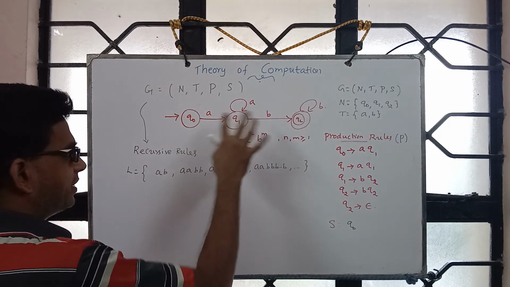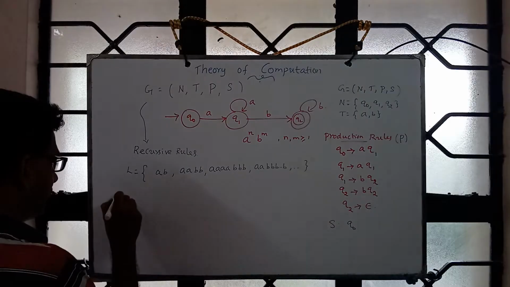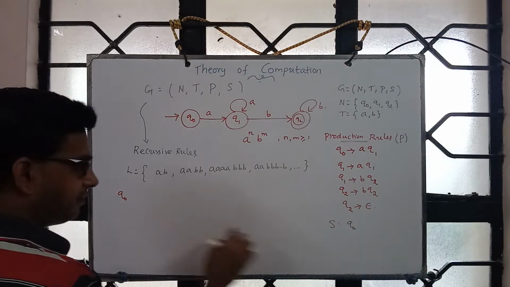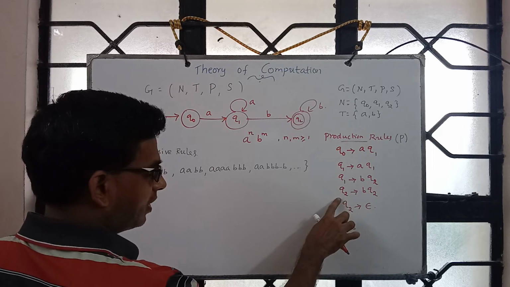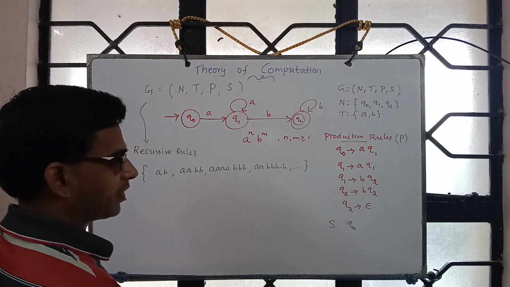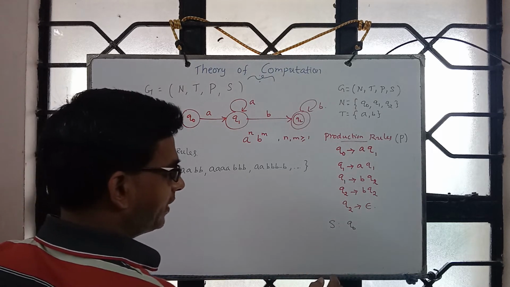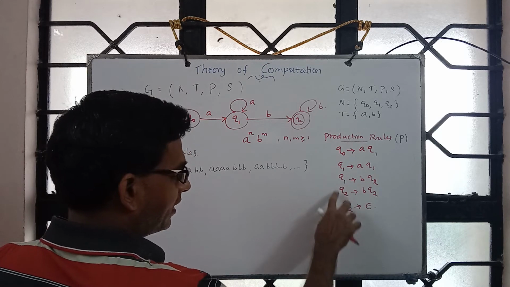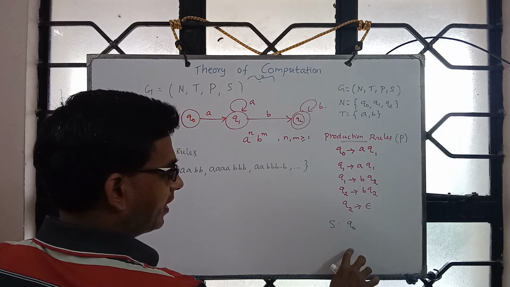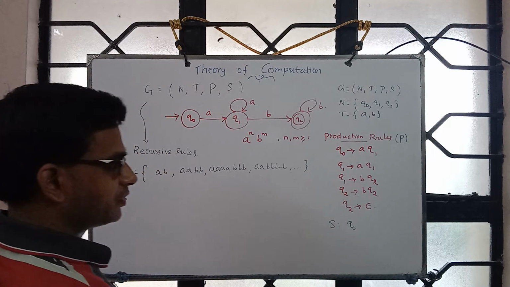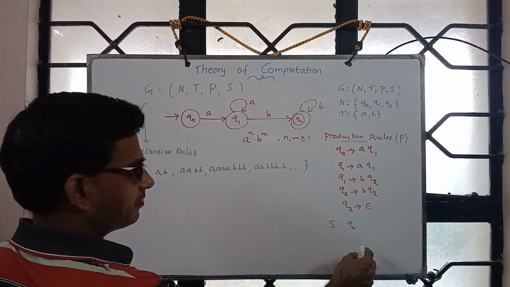What is the simplest string? It is AB. Please note, you should always start from the start symbol. I cannot start with Q1 or Q2. This is what I was referring to. You may find in a natural language that article implies the. So I should not directly start from this.